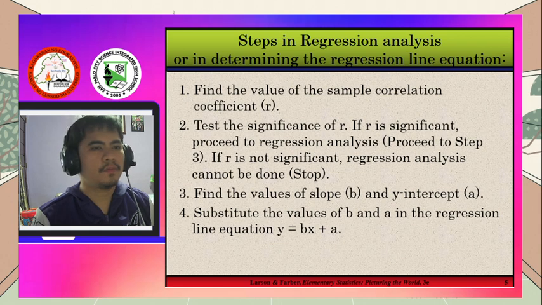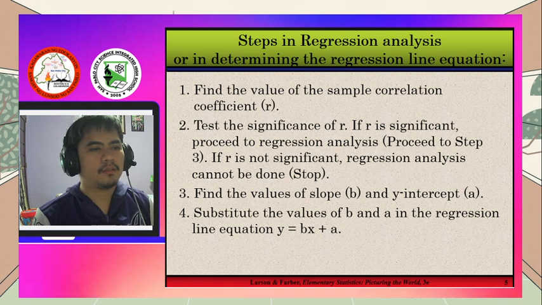Before finding the value, you need to formulate the null and alternative hypotheses. Number 2, test the significance of r. If r is significant, you proceed to regression analysis, or step 3. But if r is not significant, regression analysis cannot be done, so you need to stop.